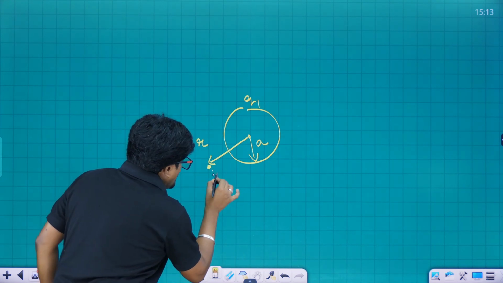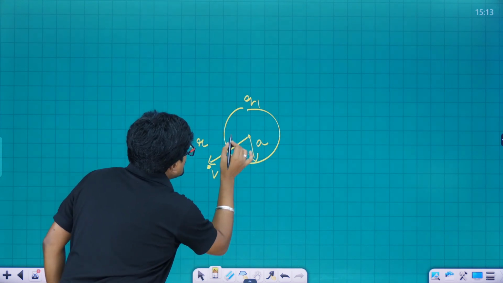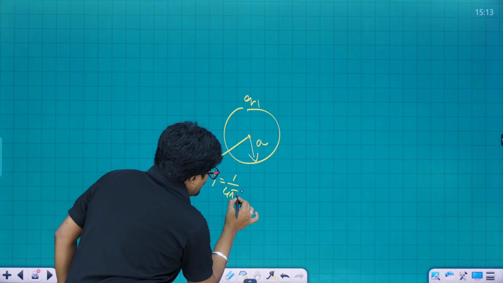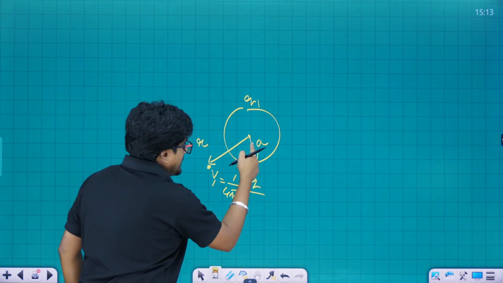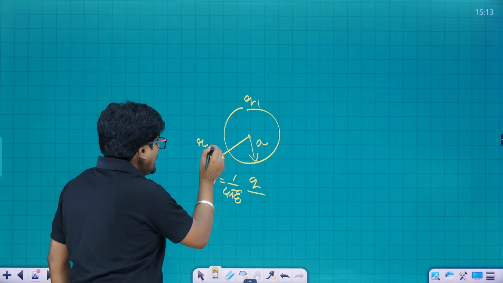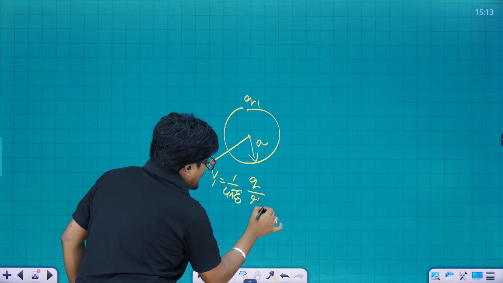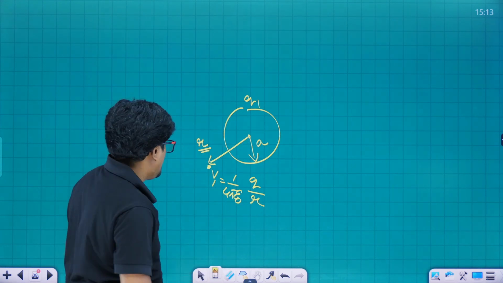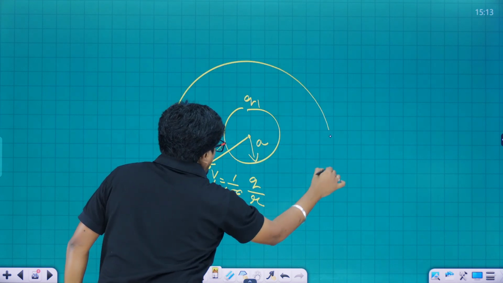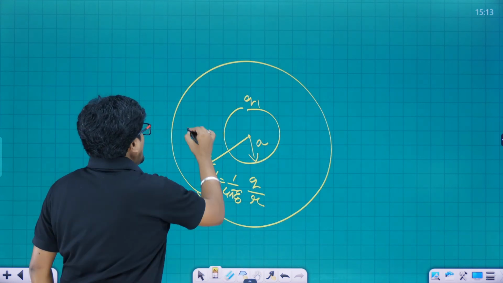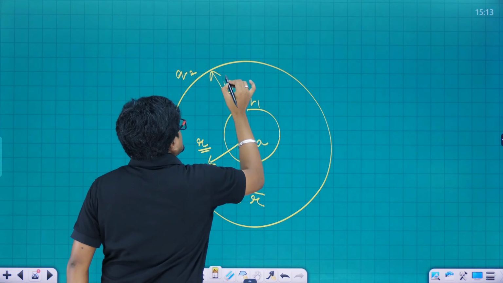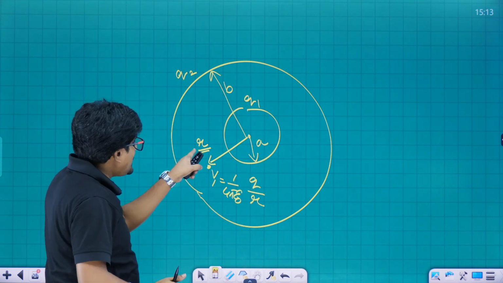So the electric potential due to the first one, V1, is going to be 1 divided by 4 pi epsilon naught Q divided by, I'm not going to have small letter a, I need to consider it as small letter r, because my point is outside the shell. Now let me consider another one. Here this is charge Q2 and radius small letter b. Now this point is inside.